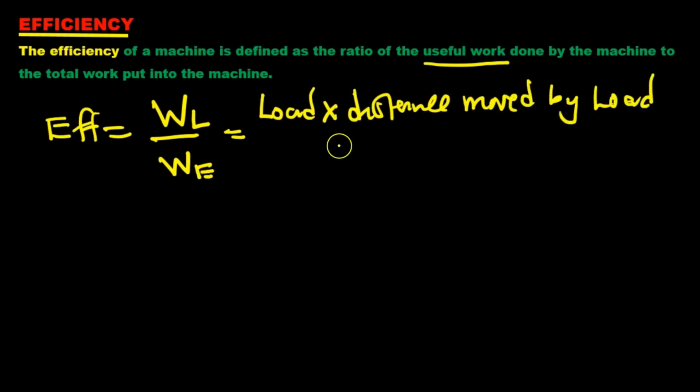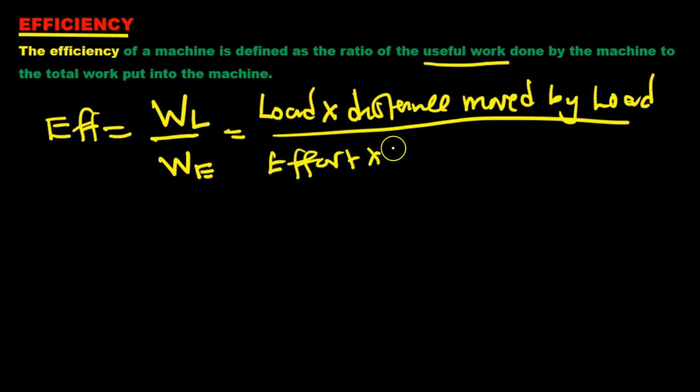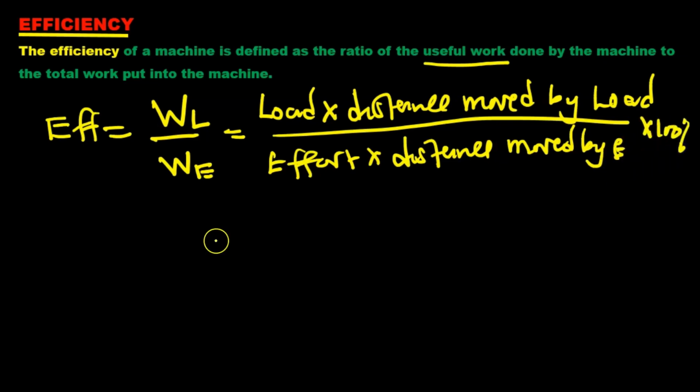Divide by the work done by effort, which is effort multiplied by distance moved by effort, and this is all multiplied by 100%. The unit of efficiency normally uses percentages. So this is one of the formulas that you can use to calculate efficiency.